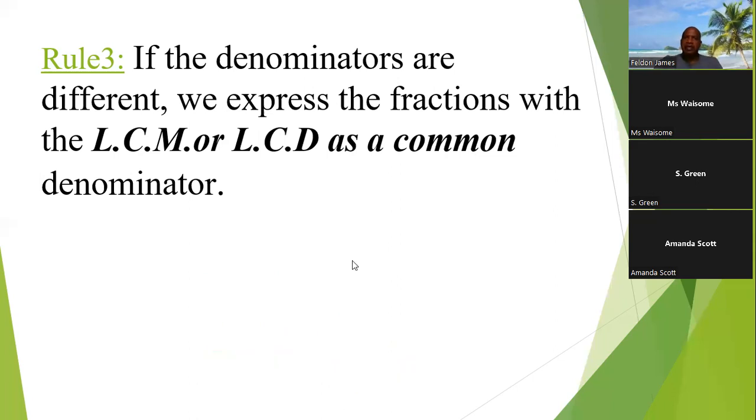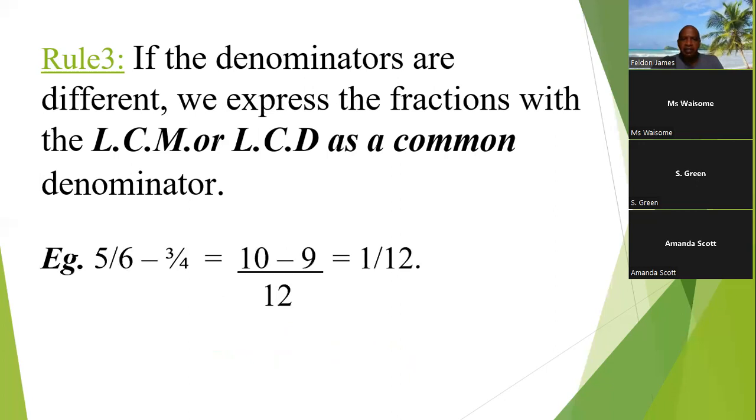So rule 3 says that if the denominators are different, we express the fractions with the LCM or LCD as a common denominator. And so we would get this as an example, and then that would simplify to 1/12.